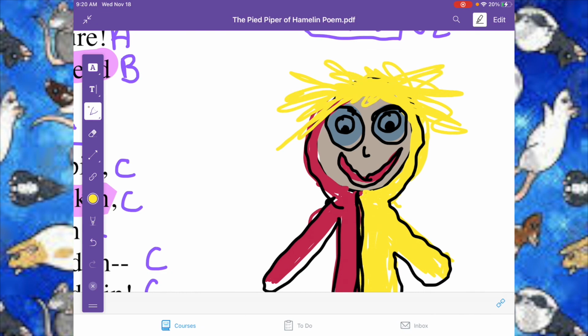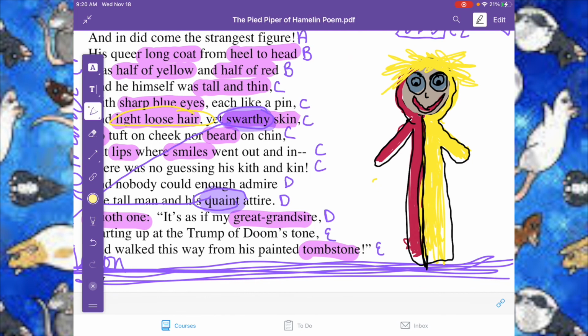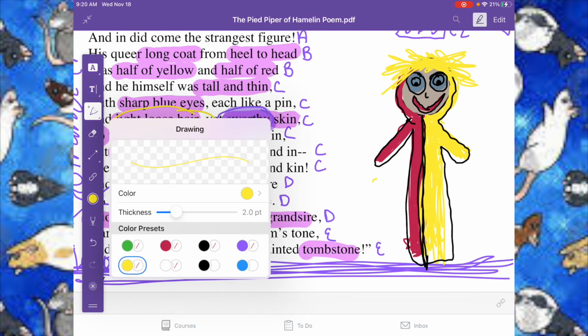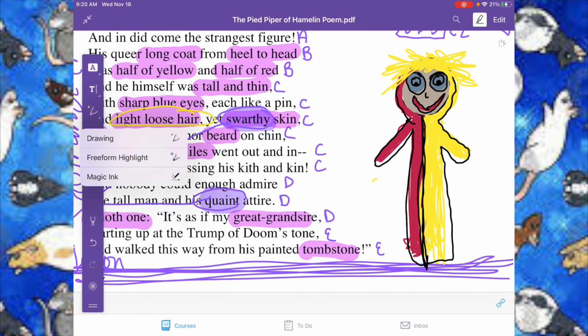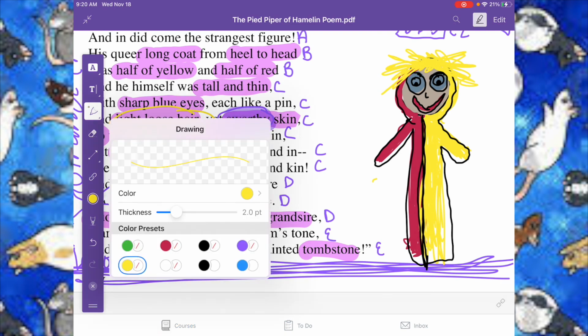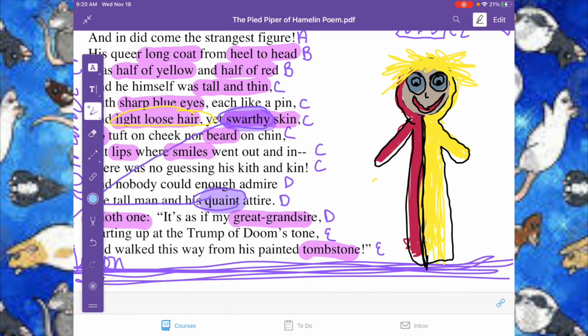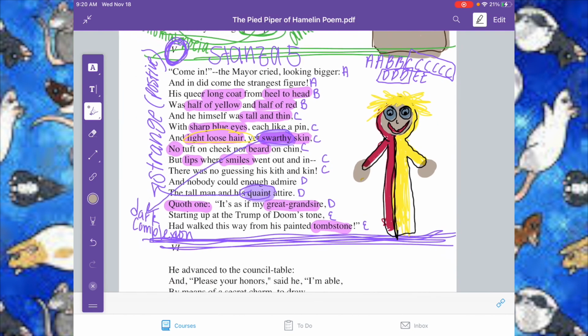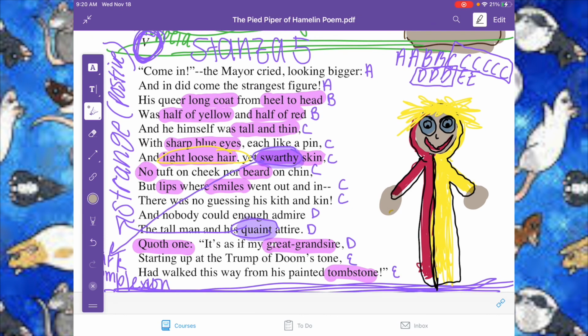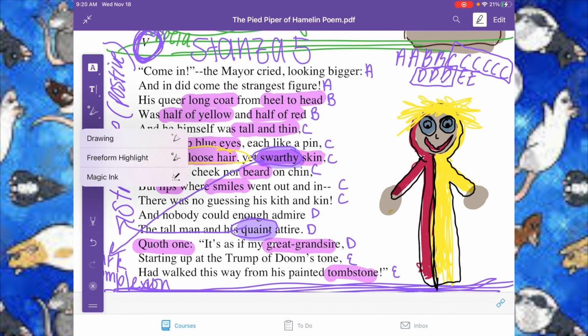That looks like loose hair. That's what we want. All right, and I'm gonna give him some hands. Of course. Oh my. Okay. Well, there we go, people. This is our new character.